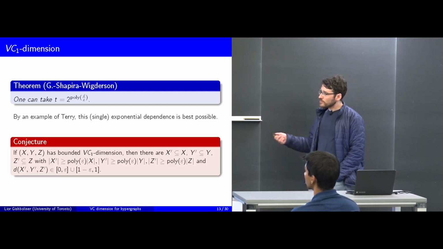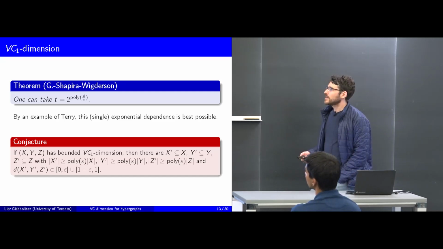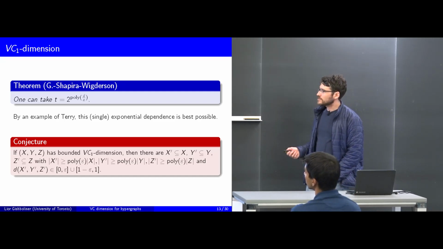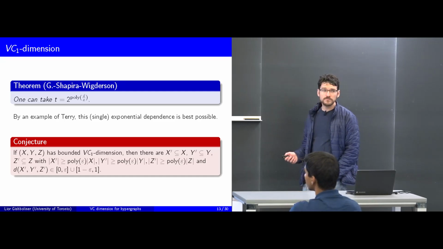Now, here's a problem that I would very much like to see solved. So let me know if you have an idea. So I think that even though you can only find partitions of exponential size, you should still be able to find one part, so x prime in x, y prime in y, z prime in z, that have density close to 0 or 1.